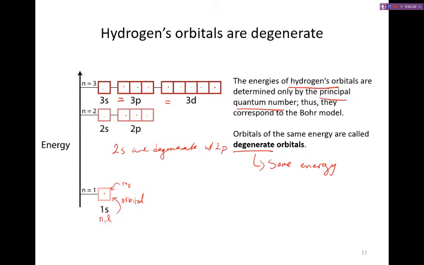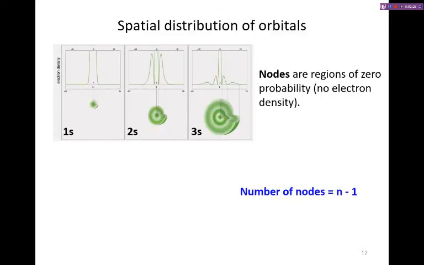Let's take another look at orbitals. We saw already how they were represented, those kind of fuzzy green balls, and now we're going to look at them again. So remember when we talked about orbitals, if we take the wave function and we square it, we get the electron density.